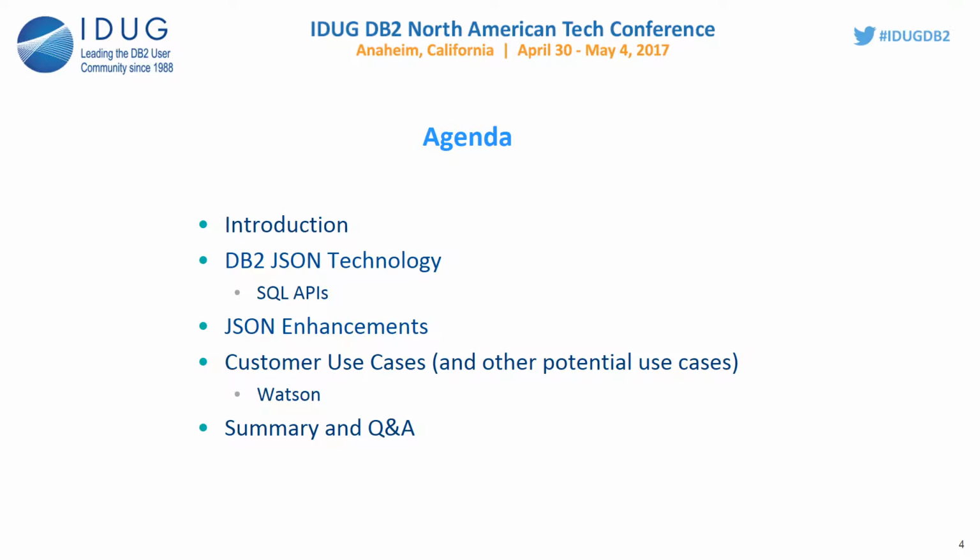The last part is about how you build a solution using JSON and Watson, and we'll have some real customer use cases, how I see from the field how customers are using us. I want to share with you guys so maybe you can use it in a similar way. And we will conclude this presentation with a summary and Q&A. Okay?